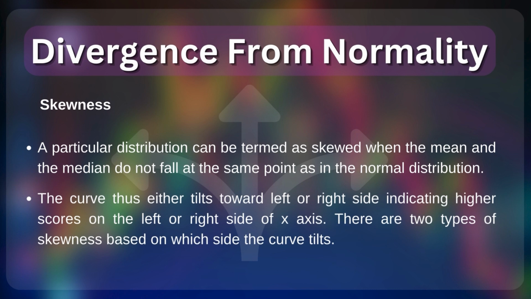The skewness, or the shape of the curve, represents how the scores are falling, more on the left side or more on the right side of the x-axis. Basically there are two types of skewness, which are divided on the basis of the side in which the curve tilts, that is either on the left side or on the right side.